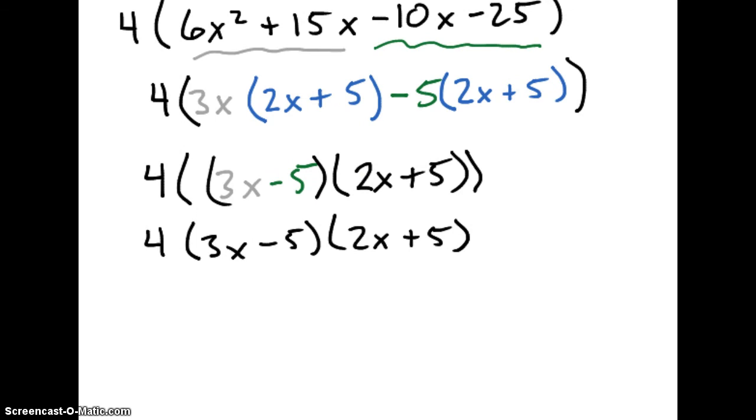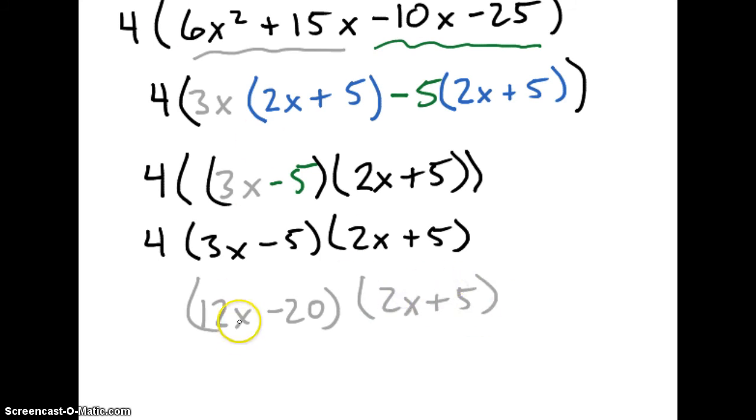The last thing I should do is distribute everything. I should FOIL this back out. My video only has a certain amount of time on it, so I'm going to go kind of quick. So 12x minus 20, multiplying that by 2x plus 5.